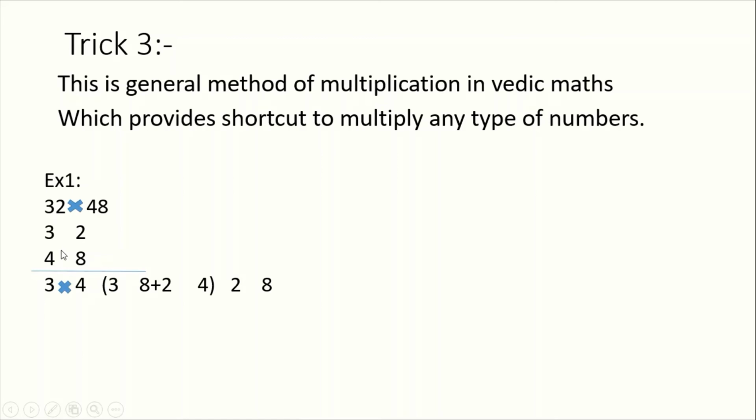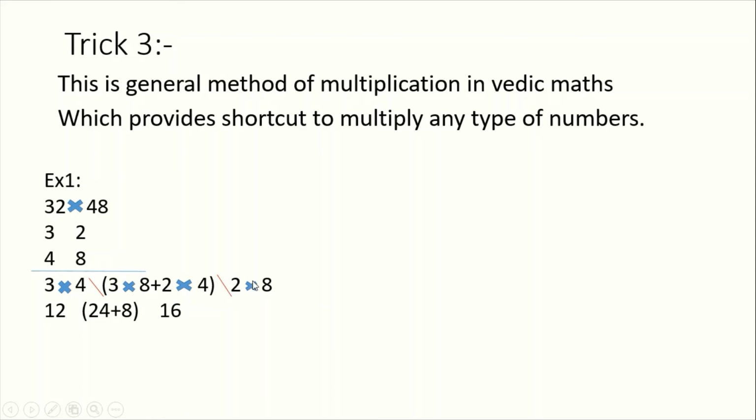For the second compartment, we multiply the numbers in the tens place and units place, which is added to the numbers multiplied in the ones place and tens place. For the last compartment, we multiply the numbers in the units place, that are 2 and 8.